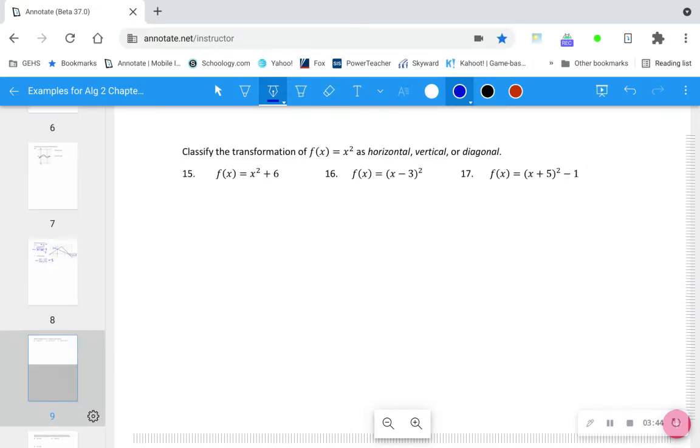Okay, the next one here, we're supposed to classify the transformation of the original parent function f of x equals x squared. We're supposed to decide whether the transformation shown is horizontal, vertical, or diagonal. If you add 6 outside the function on the back end of it, that goes up 6, and that's a vertical change.